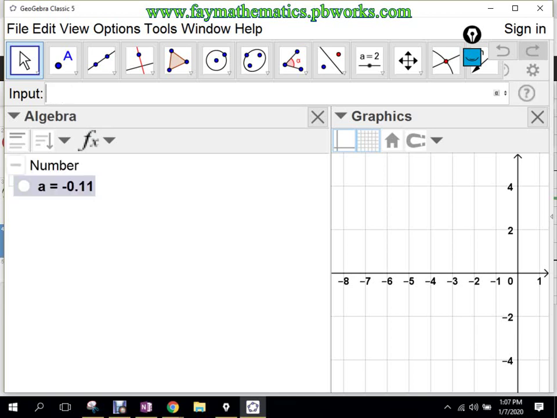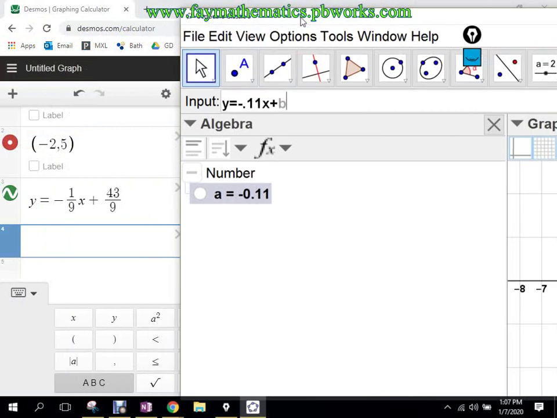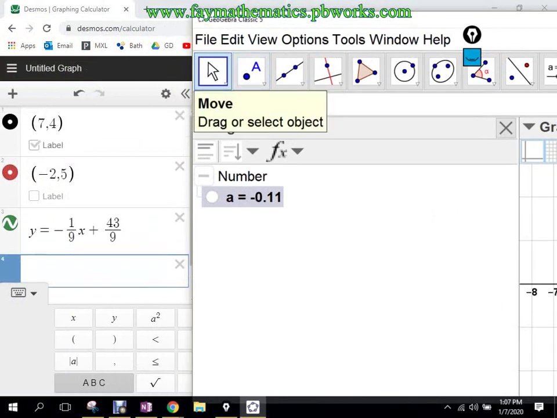I've rounded it. So now if I use that, I'd have the equation y equals negative 0.11x plus b, right? If I want to solve for b, when I use this point, what do we use? The 7, 4. So I'm going to change that to 4, and this to 7.